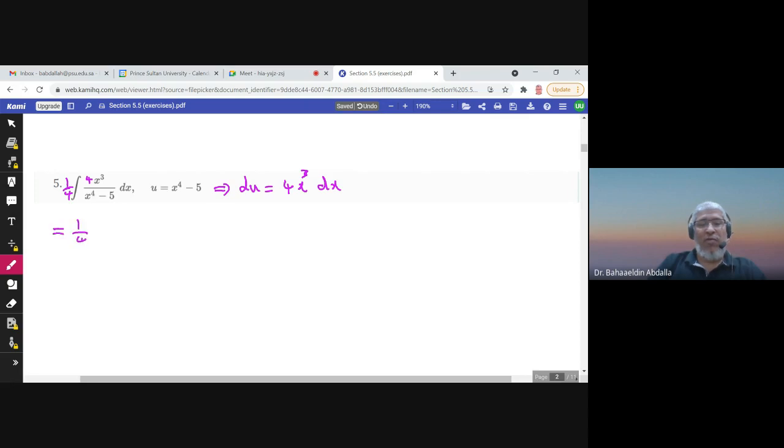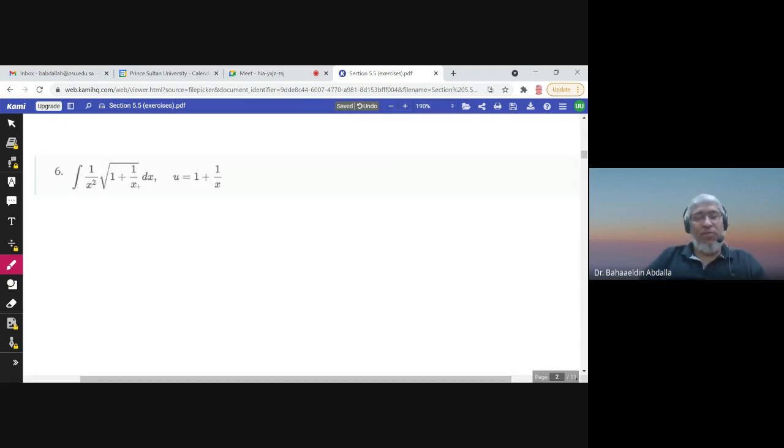So I will have 1 over 4 integral. 4x cubed dx is du, and x to the power 4 minus 5 is u. So the answer would be ln absolute value of u plus c, or instead of u, I write x to the power 4 minus 5, plus c.